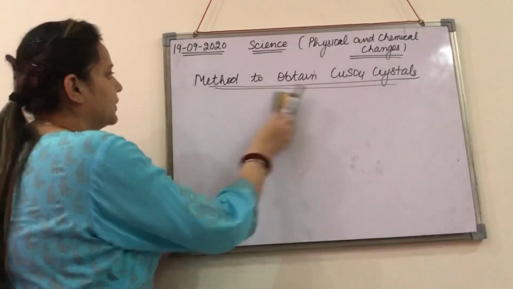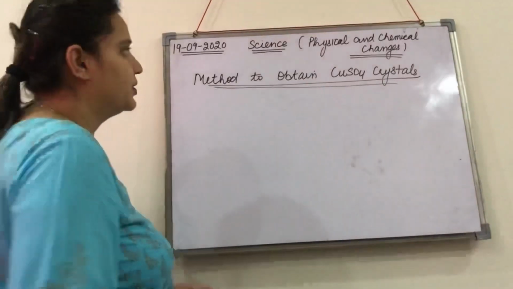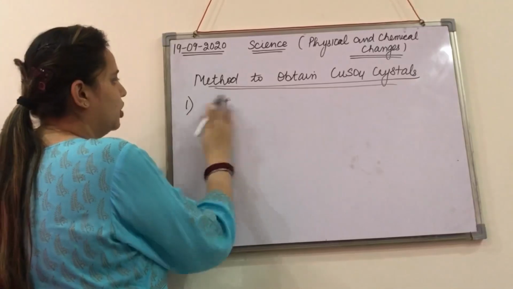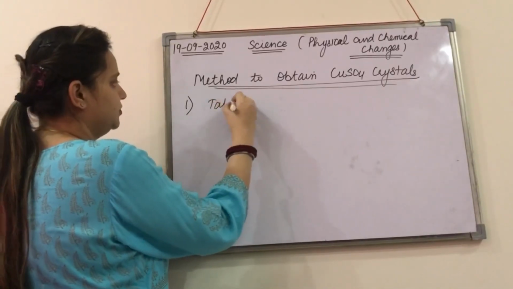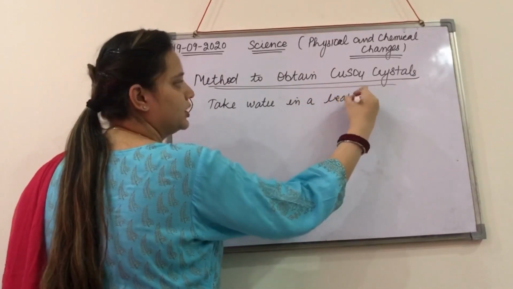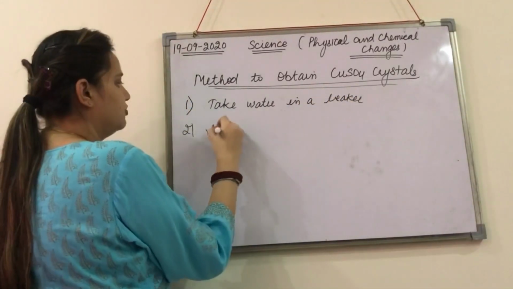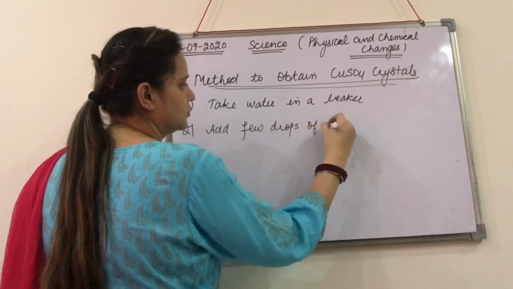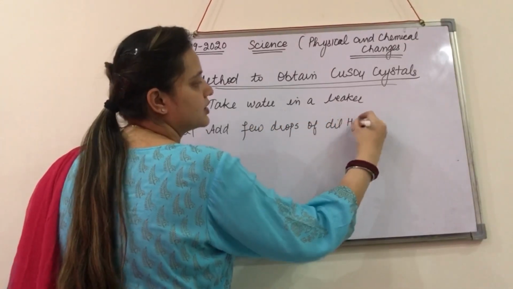Okay, so how are we going to obtain the crystals? Firstly you have to take water in a beaker, then add a few drops of dilute sulfuric acid into it.